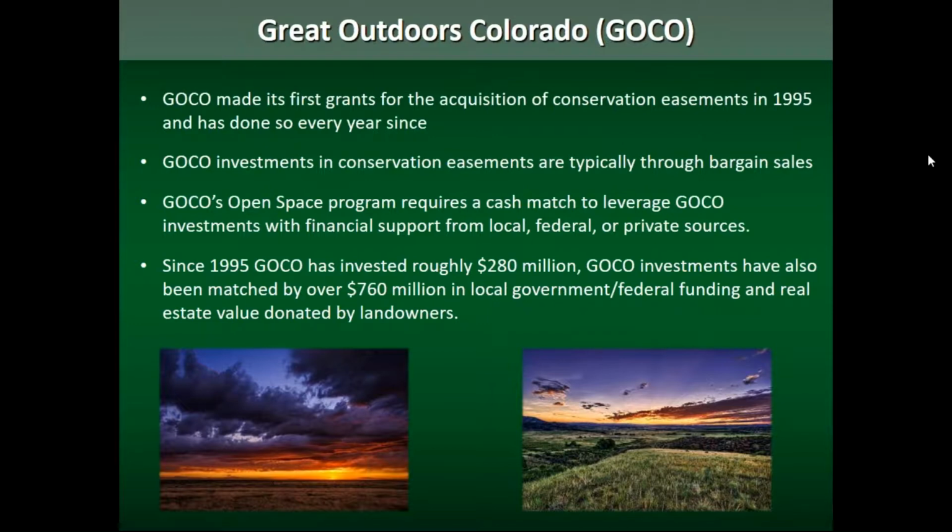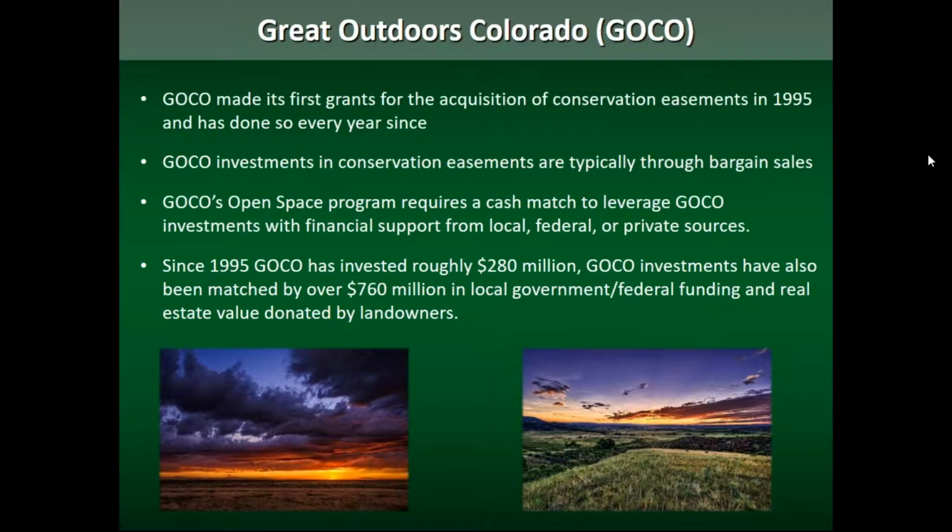So it's not donated, it's sold, but it's sold at a discount, and therefore a bargain sale. Suppose it's sold at 80% of the total value, the 20% then is a donation, and the 20% is subject to the tax credit program.